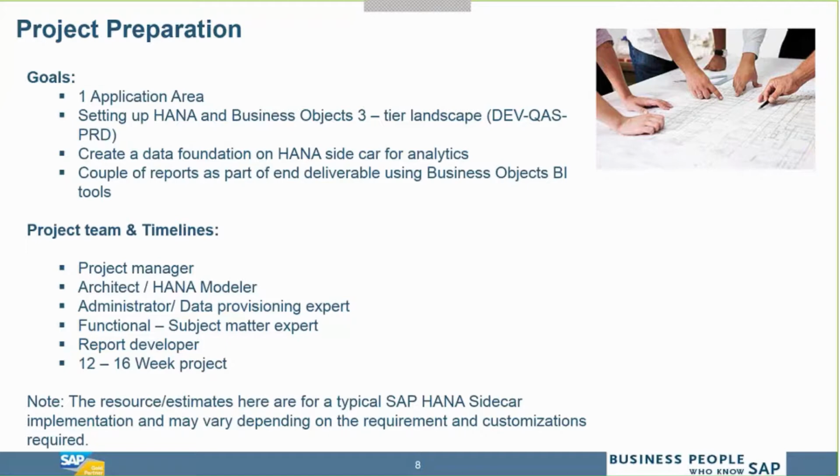Generally, he's a person from the client side who knows the business process well, and we engage with him during the blueprinting phase to understand the client's business process and go into development with the inputs we take from him. And we have a report developer. Typically, for one application area, it's a 12 to 16-week project. That is what most project timelines have been.